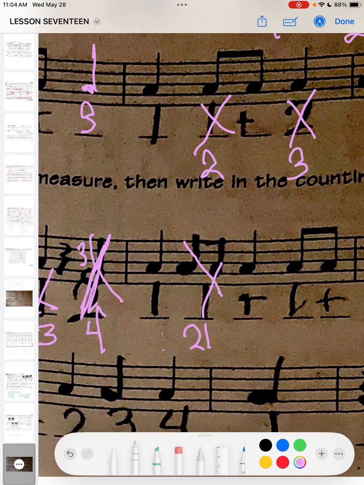It's 2 and. Wait. Did it do something in that one that I need to know? Or did I draw something that made it extra? That's 3. That's 4 and.